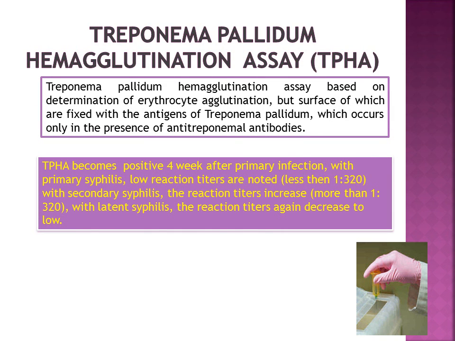Treponema pallidum hemagglutination assay is based on determination of erythrocyte agglutination, on the surface of which are fixed the antigens of Treponema pallidum, which occurs only in the presence of anti-treponemal antibodies. The test becomes positive 4 weeks after primary infection with primary syphilis.